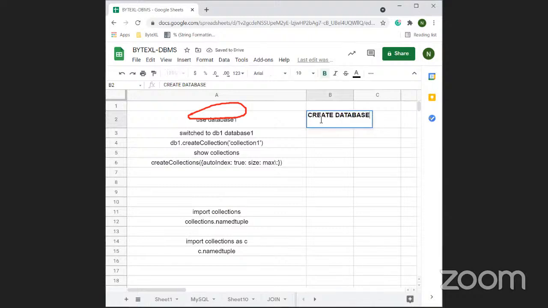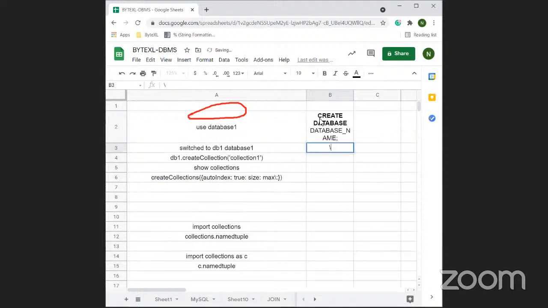These are keywords, followed by the database name and semicolon. The same thing in Python. Since MongoDB is built on Python, simply use database. That's all.